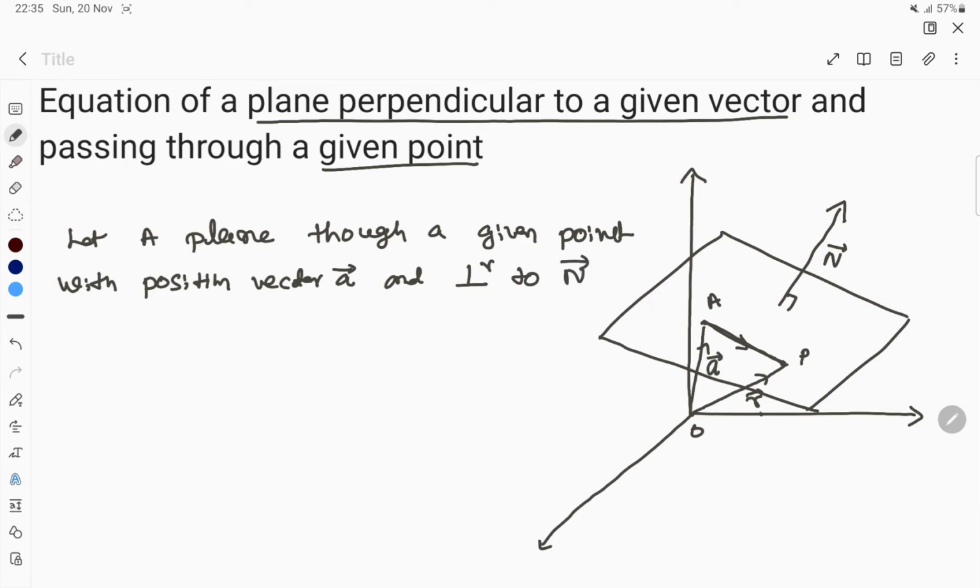This is the given. After this, we consider let R be the position vector of any point P in the plane.